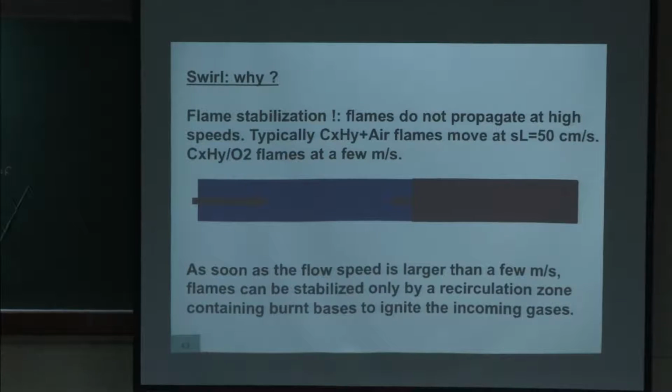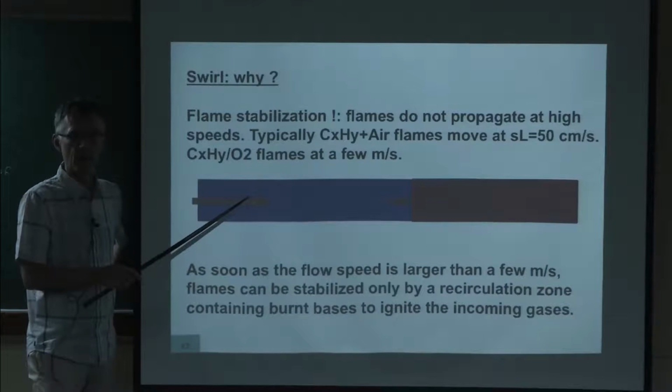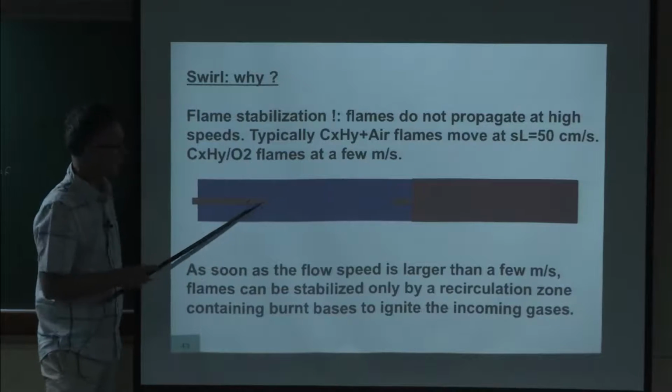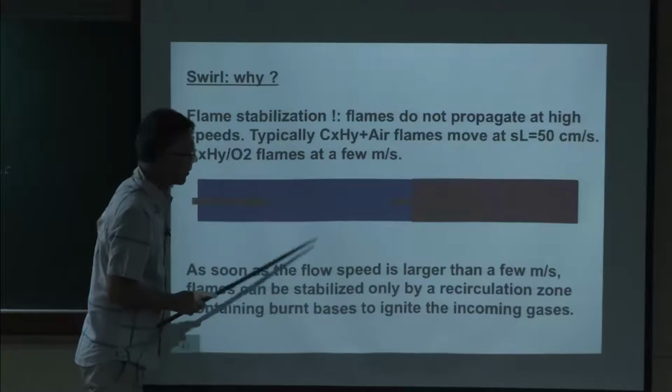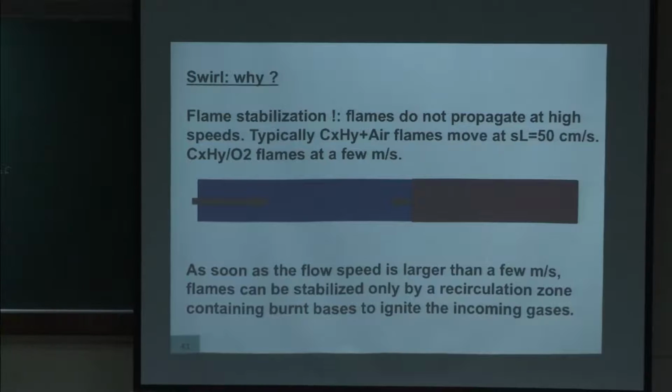Well, because you know that if you would not create recirculation zones, you would not be able to stabilize a flame at a speed larger than the flame speed. Because if the speed of the flow is more than the flame speed, the flame will go away. The big method to stabilize a flame is to use recirculating gases.